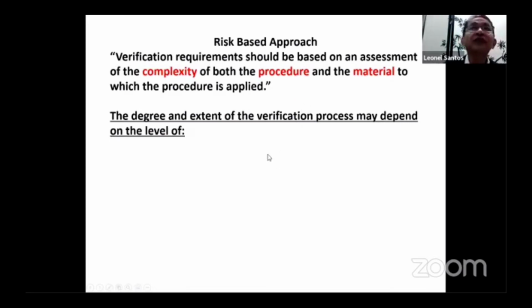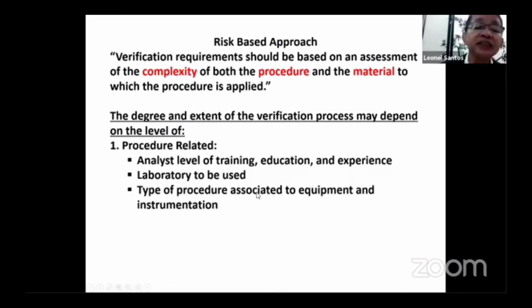Now, when we were discussing validation, I mentioned internal factors, which are focused on the analytical performance characteristics. The general chapter 1220, which is a holistic approach in terms of validation, verification, and transfer, looks at everything. What is everything? The environment that is referred to in verification is focused on procedure related factors.